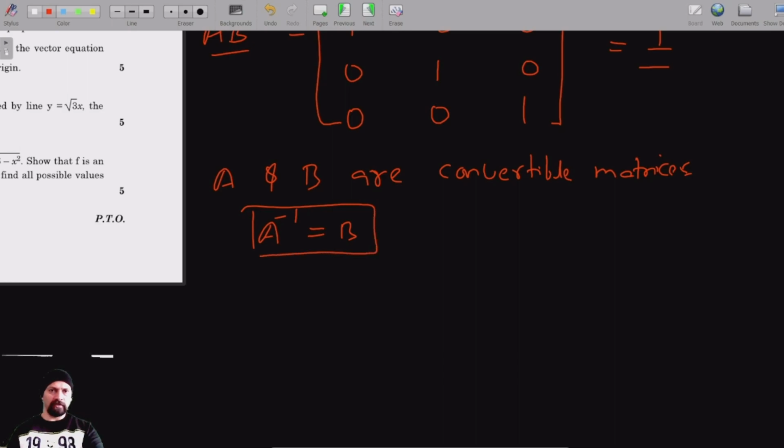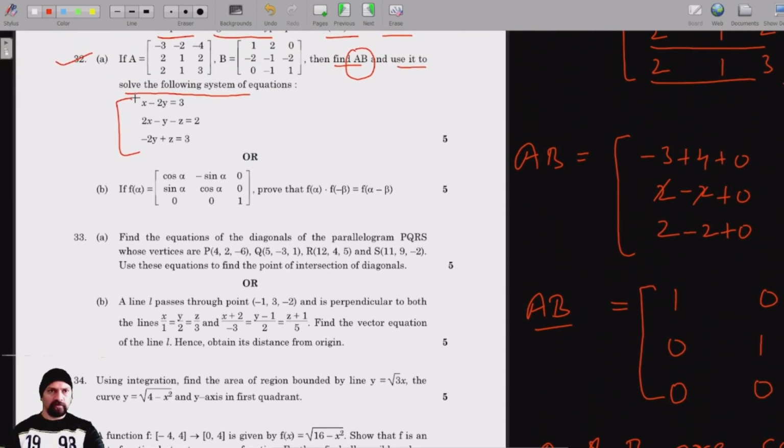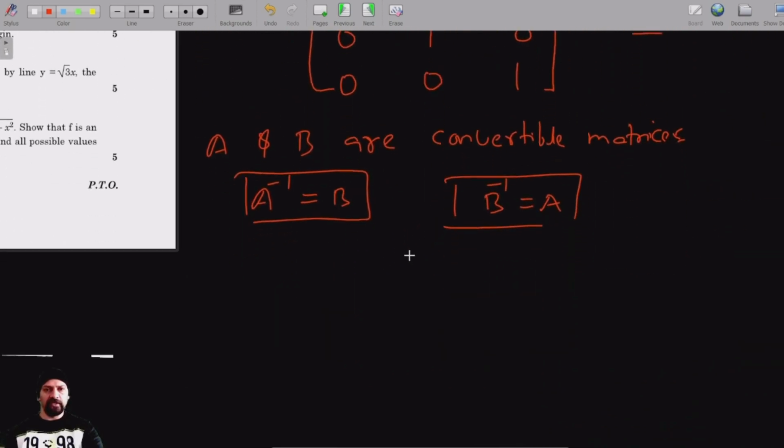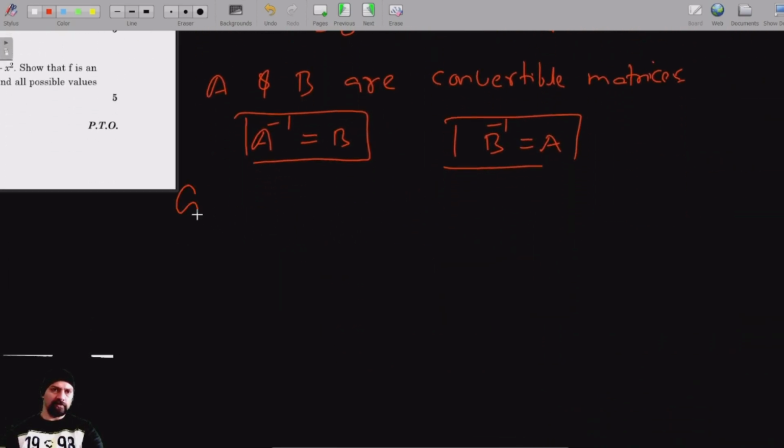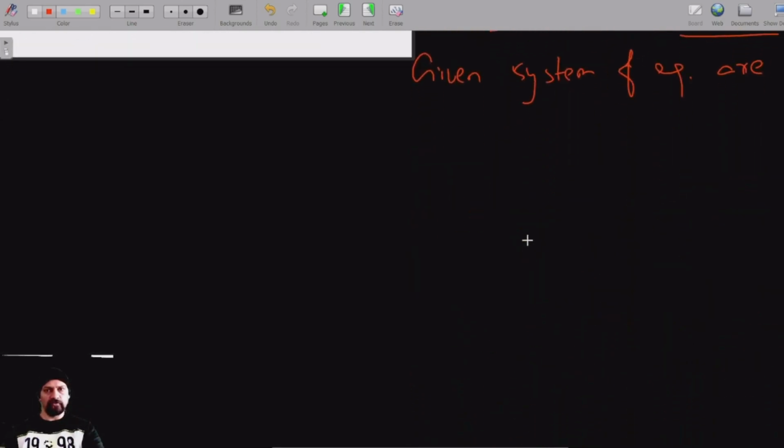So A inverse is B and B inverse is A. That is the result we got from the product. Now we have to use this concept to solve these equations. Let's write down the given system of equations. The first is x minus 2y is equal to 3.